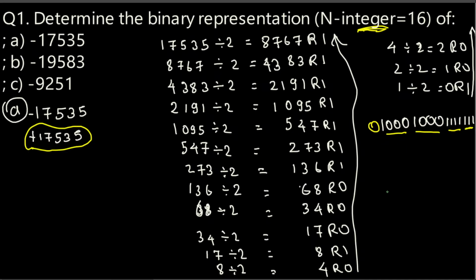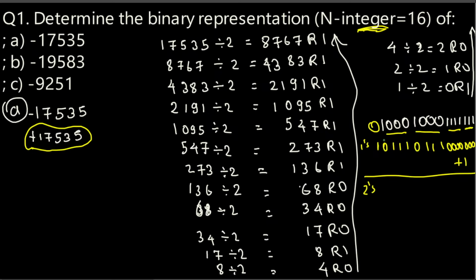Now the 2's complement is basically that we do the 1's complement first and then we add 1 to that. So here this 0 turns into 1, and 1 turns into 0, 0 into 1, 1 into 0, and so on. If you then add 1 to that, that is the 2's complement.